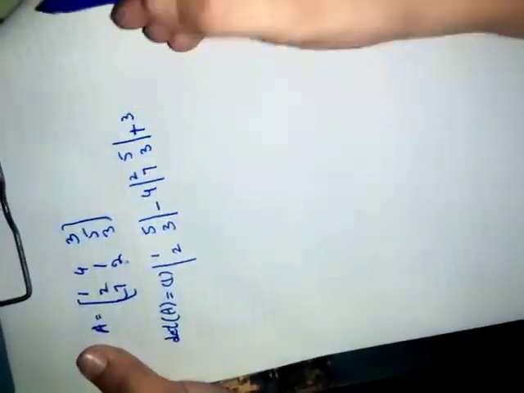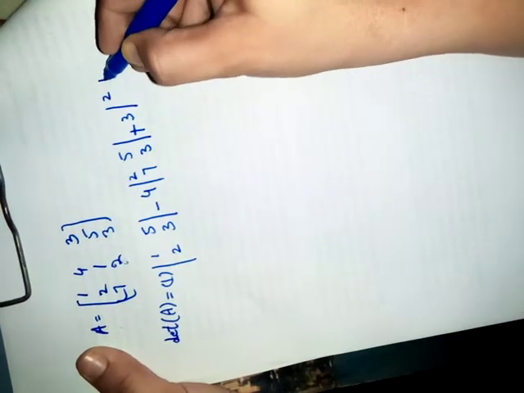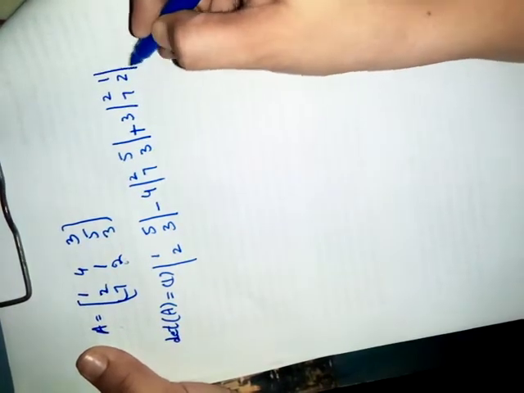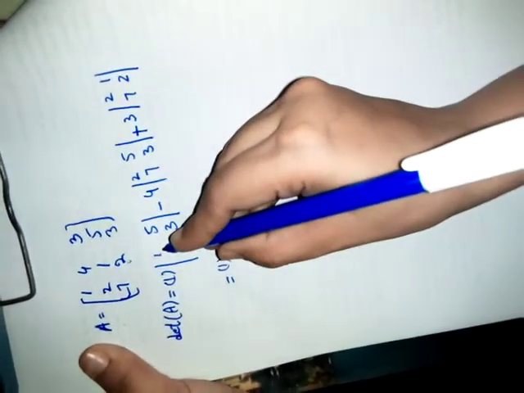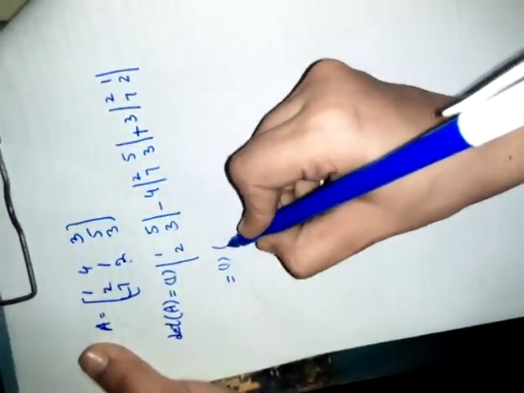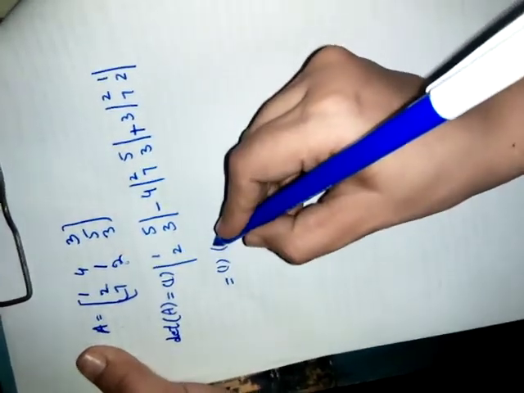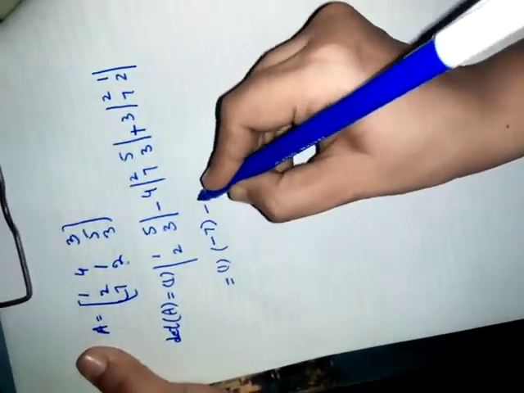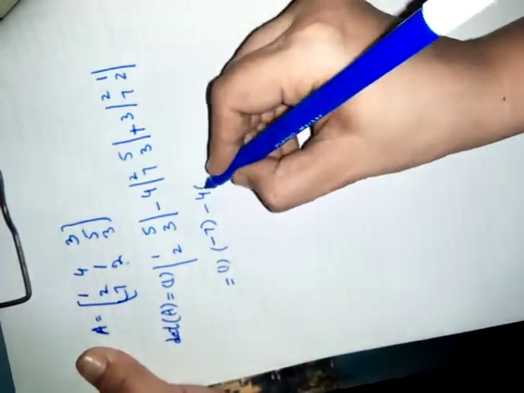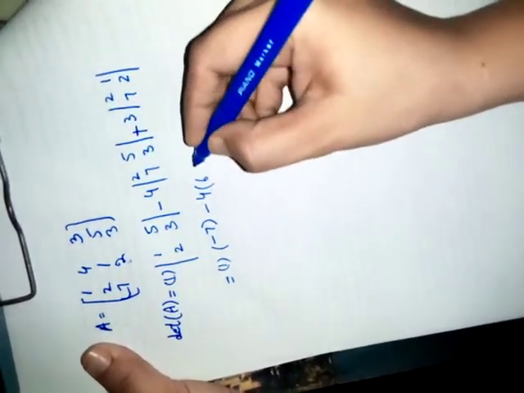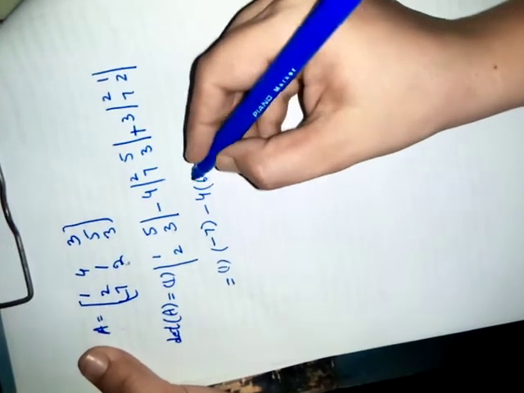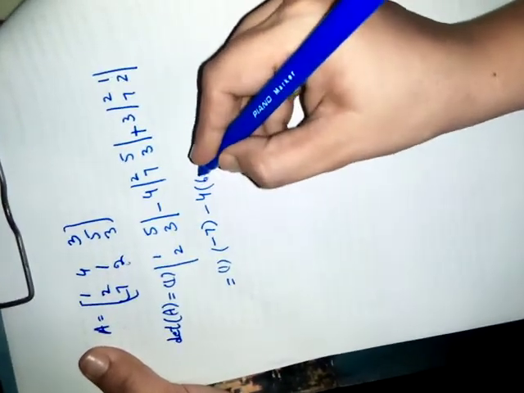This is 2, 1, 7, 2. One: 3 ones are 3 minus 5 twos are 10. 3 minus 10 will be minus 7. Here 3 twos are 6 minus 7 fives are 35. 6 minus 35 will be minus 29.